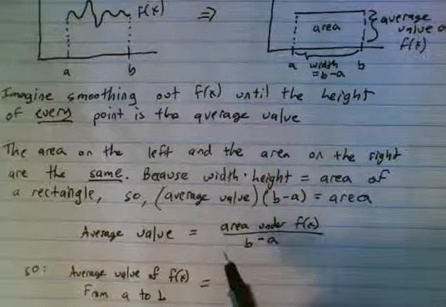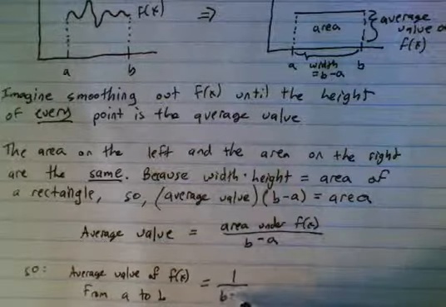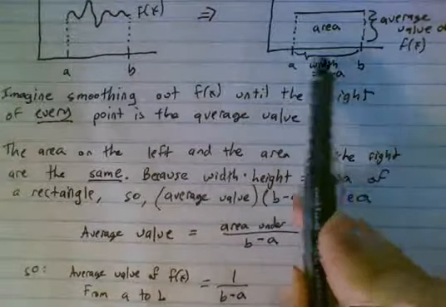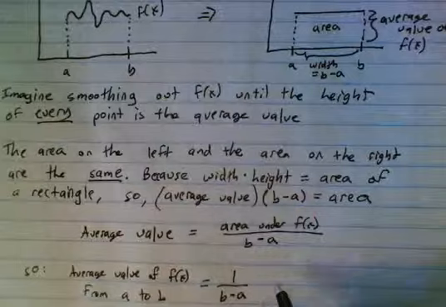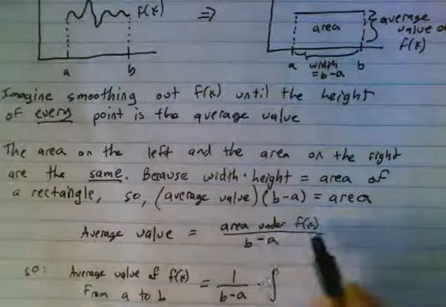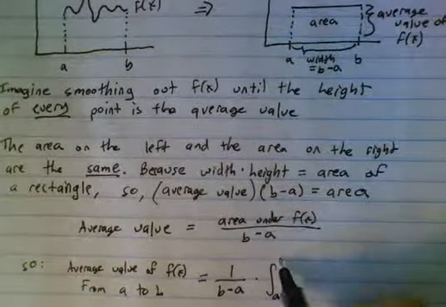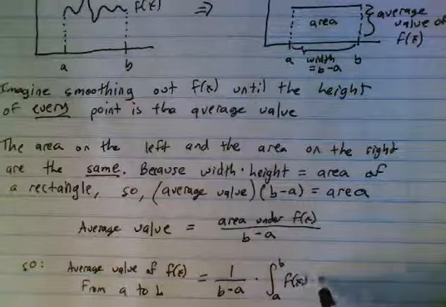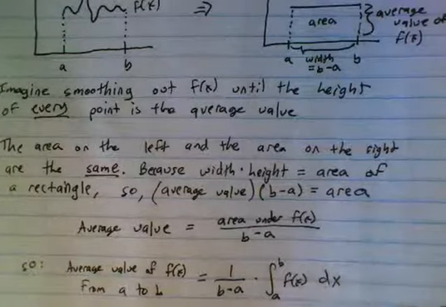So this is in the denominator, so I'm just going to let that be 1 over b minus a. So this is the width of this rectangle. And then times the area under f of x, which we know is just the integral from a to b of f of x dx.